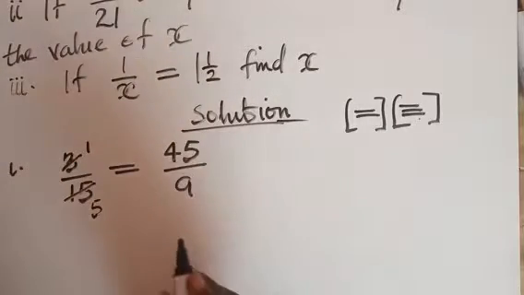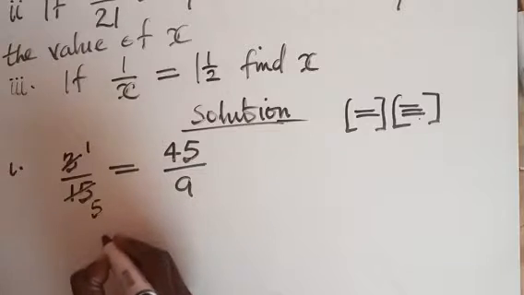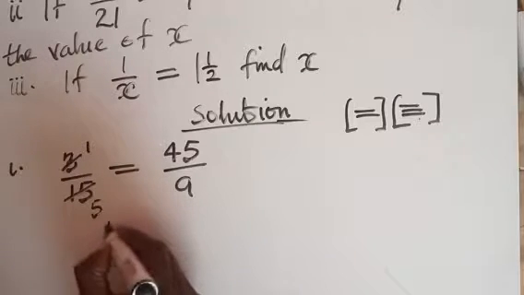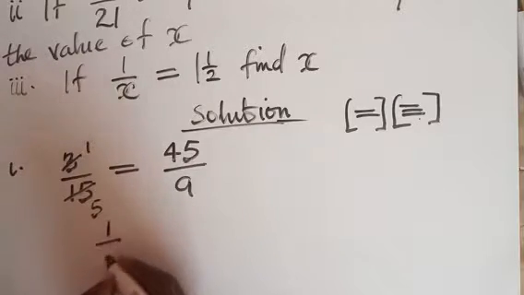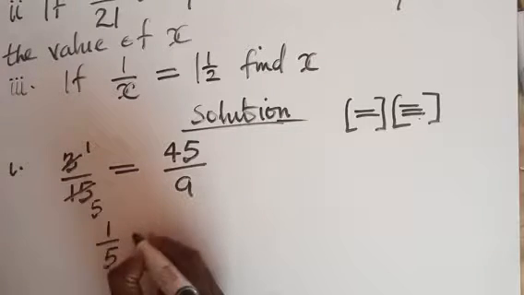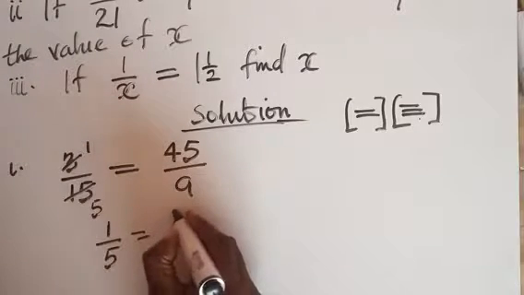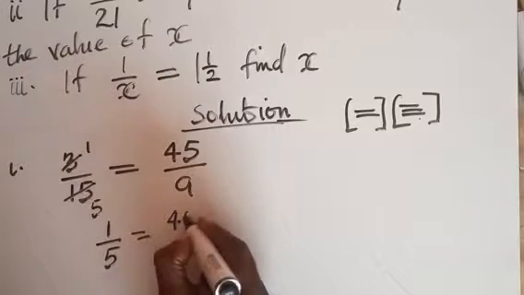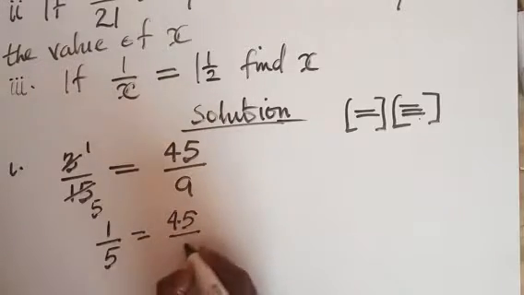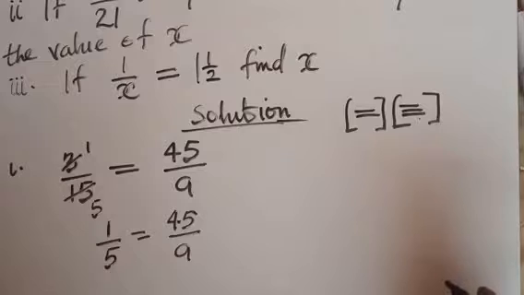I will not tamper with this. So I've got 1 over 5 is equals to 45 on A. So what is going to be the value of A?